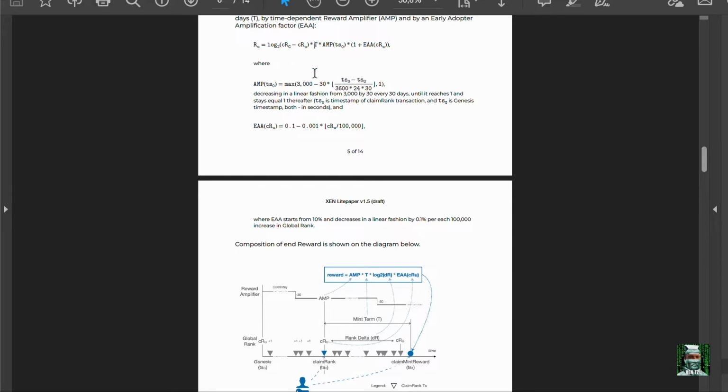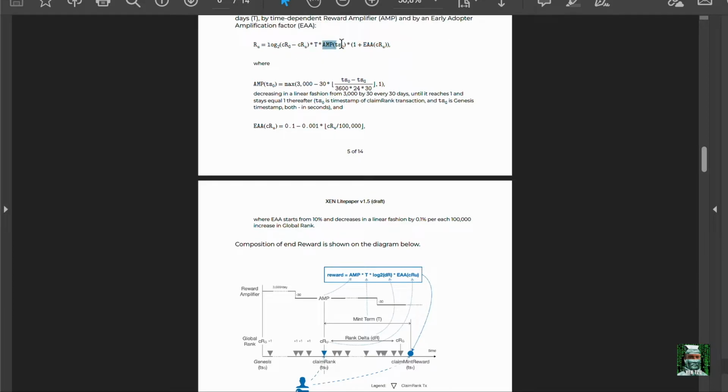So this also means that the longer you are willing to delay your gratification of XEN, the more XEN you are going to get. And again, when you have a network of many people who are delaying this, the more robust the whole network becomes. Everyone is incentivized to have the mint term as long as possible.